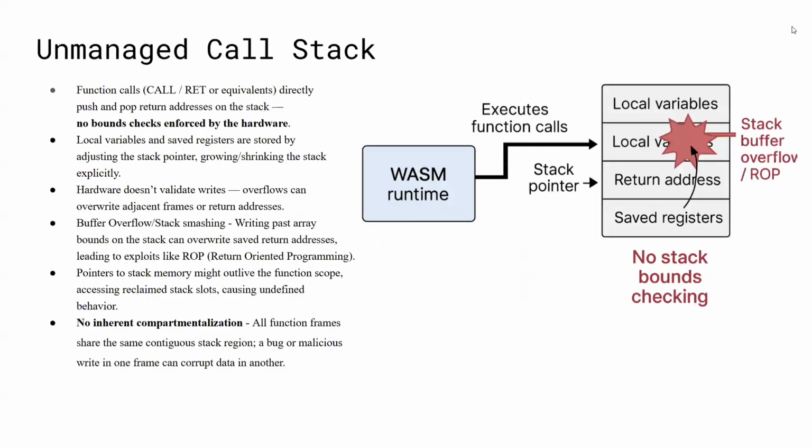So, looking a bit deeper into what exactly these vulnerabilities cause. When you're running some program inside WebAssembly, in the runtime where these modules are executed, when you're pushing something onto the stack, your variable or your function frames, it does not do any memory bounds check.